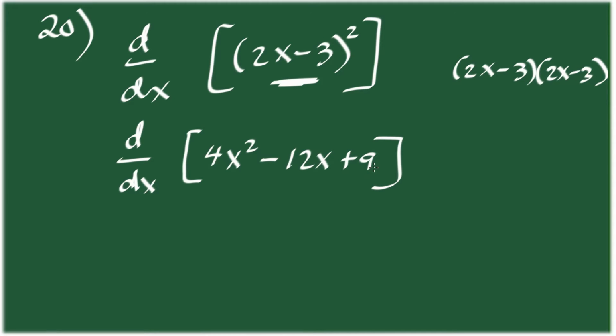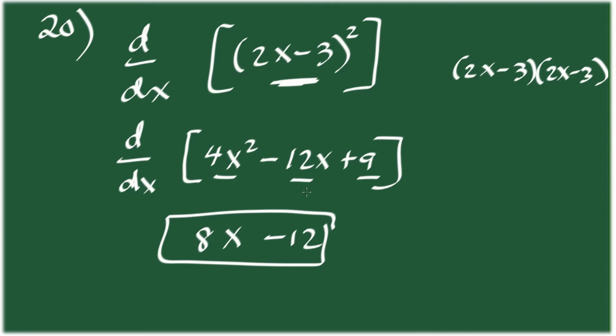So what we did, we used the algebra initially, and then once we expand it, then we can now go back to our power rule, which is 8x minus 12. Okay, so again, later on, I'll show you how to do it by either product rule or by chain rule, okay? But if you want to stick to power rule, this is the way to do it.